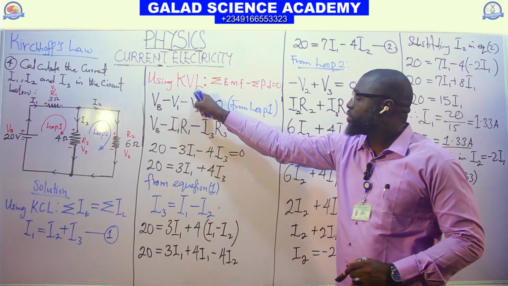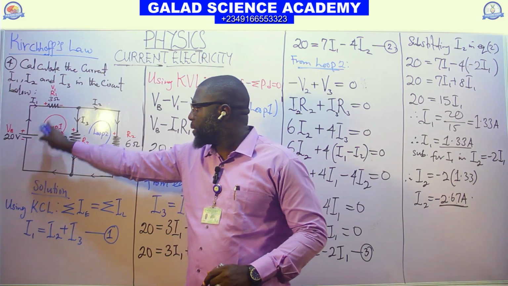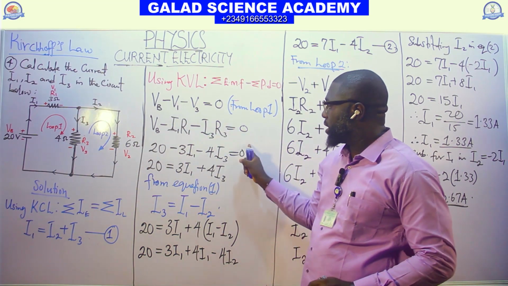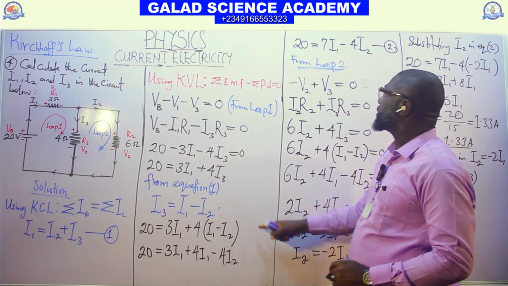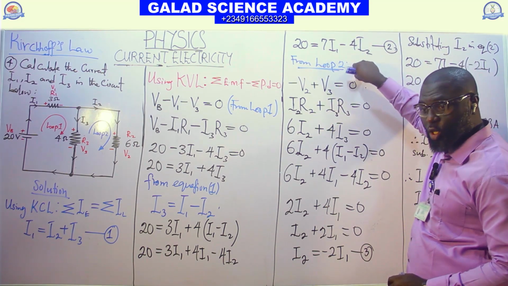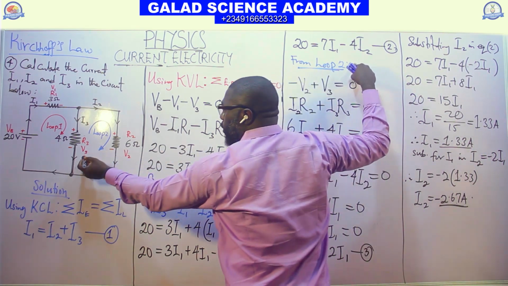Using Kirchhoff voltage law, we apply this, equation 1. From equation 2, we take the loop of V2.